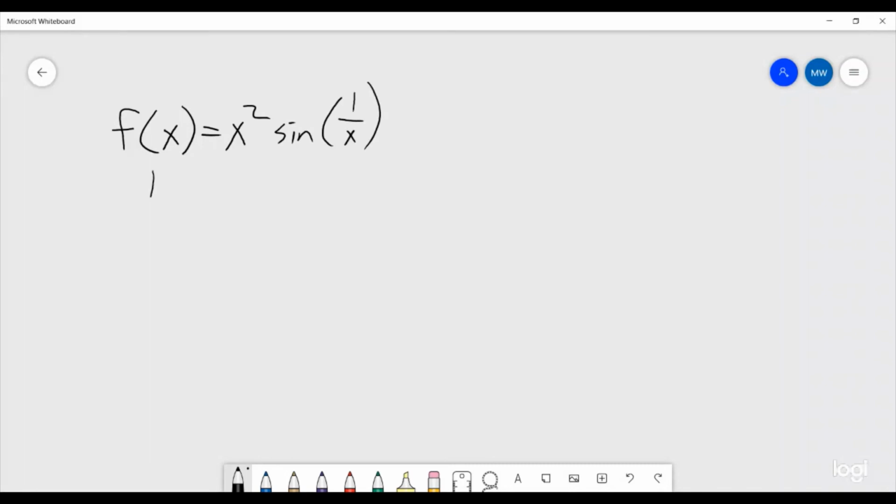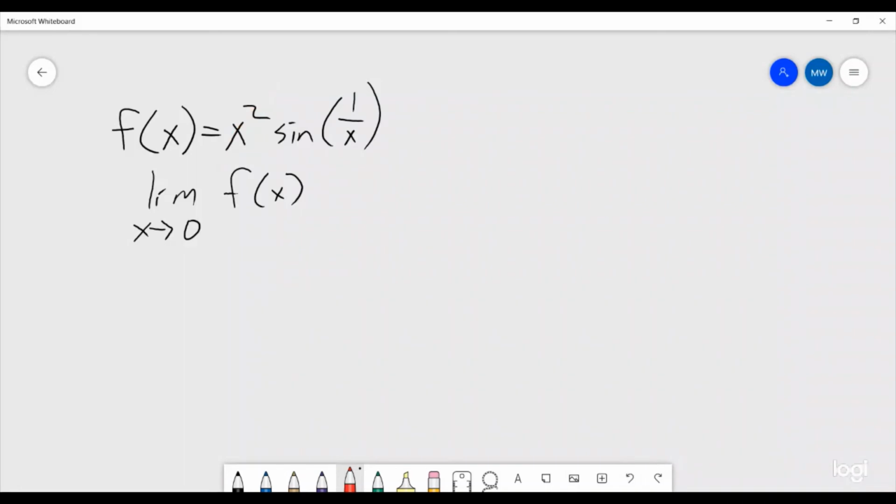What is the limit as x approaches 0 of f of x? Well, as x goes to 0, sine of 1 over x is going towards sine of infinity, or sine of negative infinity. And so that's just going to be oscillating up and down really, really fast. And so we don't know where sine of 1 over x is going to be. In fact, the limit doesn't exist if we were to eliminate this x squared term.